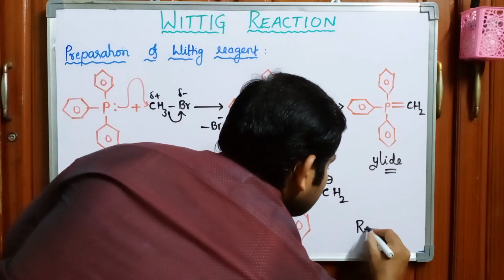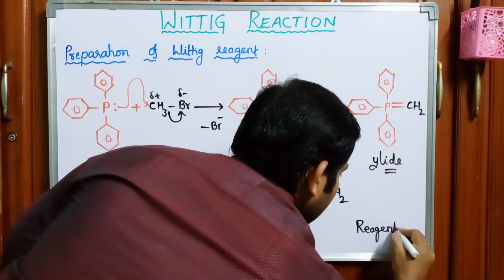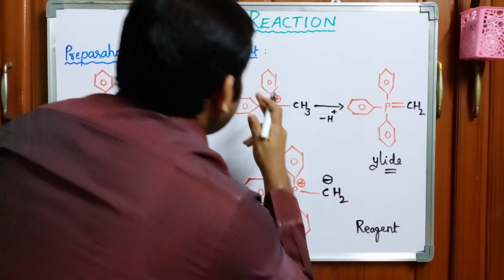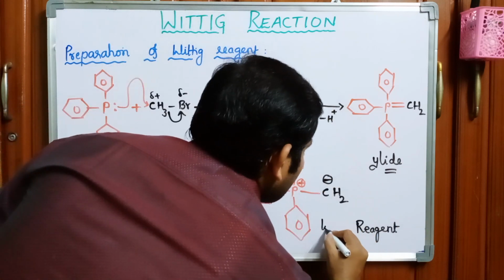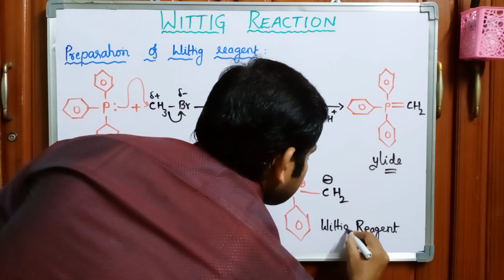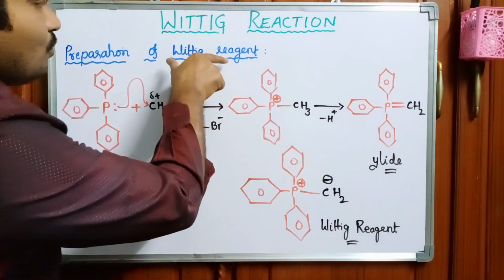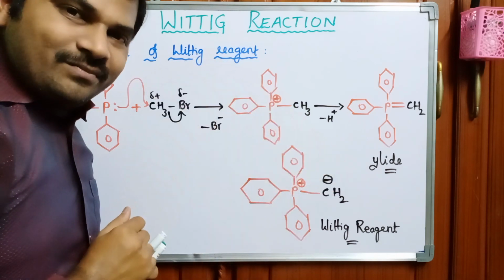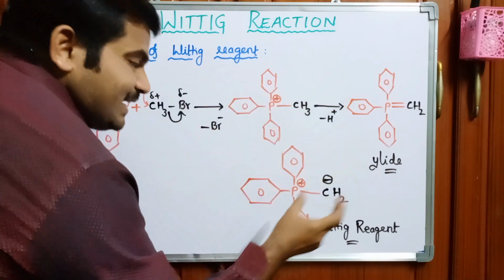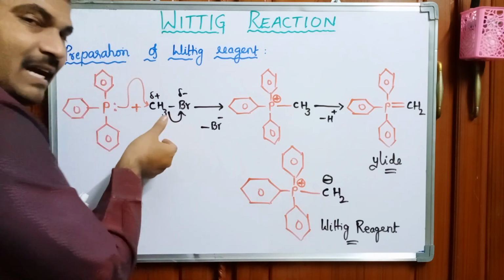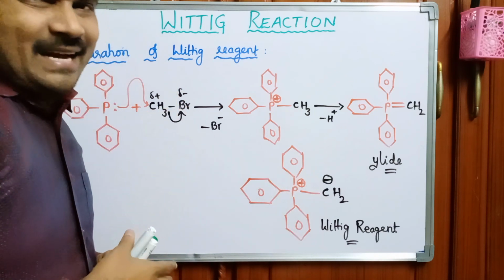It was discovered by a scientist called Wittig, hence it is called Wittig reagent. This is how Wittig reagent is formed. Now we will treat this Wittig reagent with our carbonyl compounds.